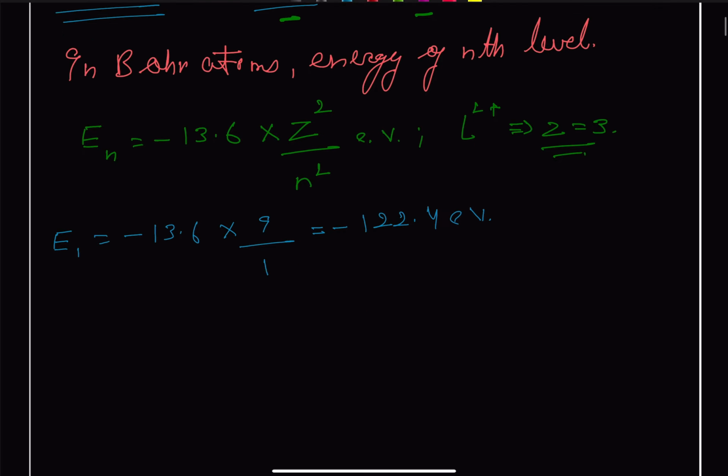Similarly, we can write for E3 when n is equal to 3. E3 is equal to minus 13.6 into 9 upon 9, which is equal to minus 13.6 electron volt.